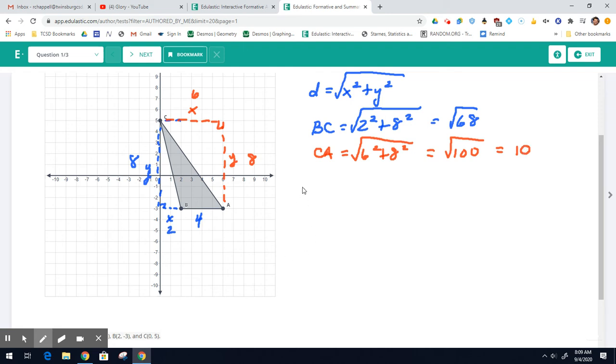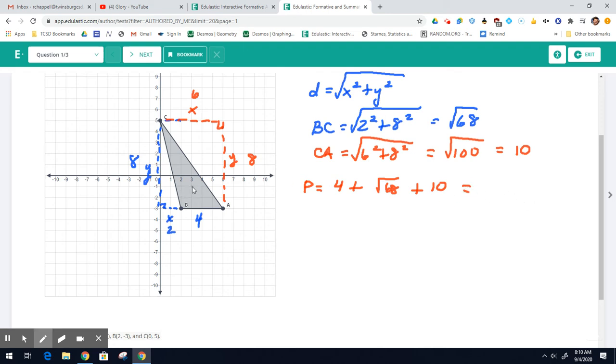So to find the perimeter of this figure, I'm going to add 4 plus the square root of 68 plus 10. Obviously this is going to be a decimal because the square root of 68 will come out as a decimal. So let me type this into the Desmos graphing calculator. We'll do this at the end.